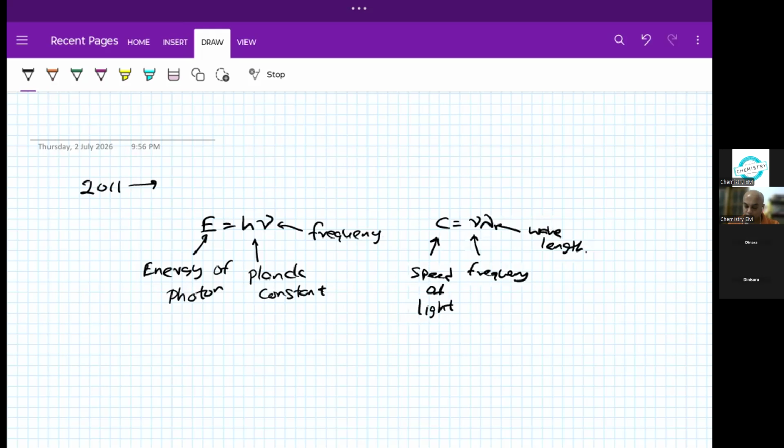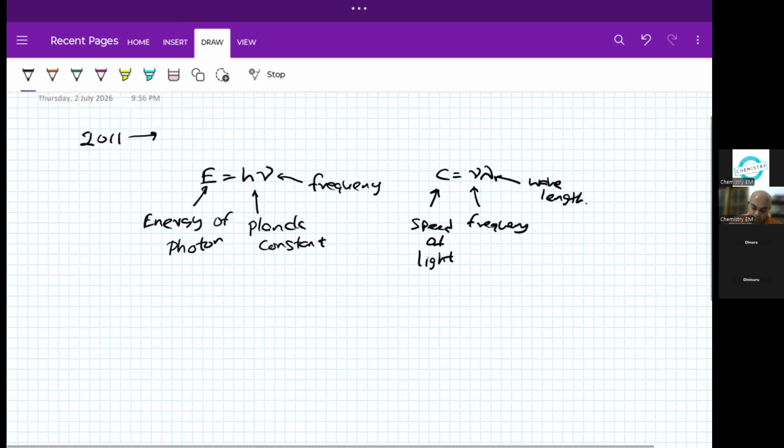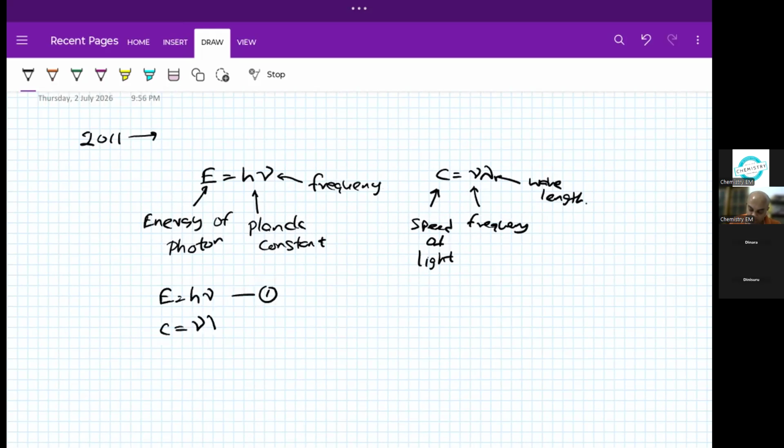Now, if we consider these two, we can combine these two equations because the question involves a lambda as well. E equals h nu is the first equation, and the second equation is c equals nu lambda.